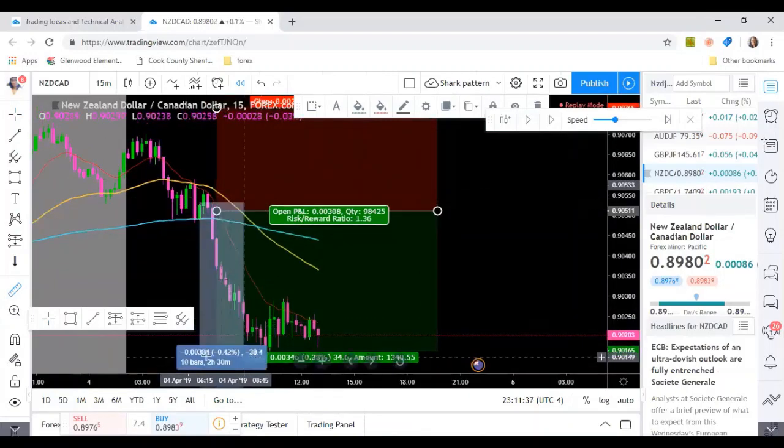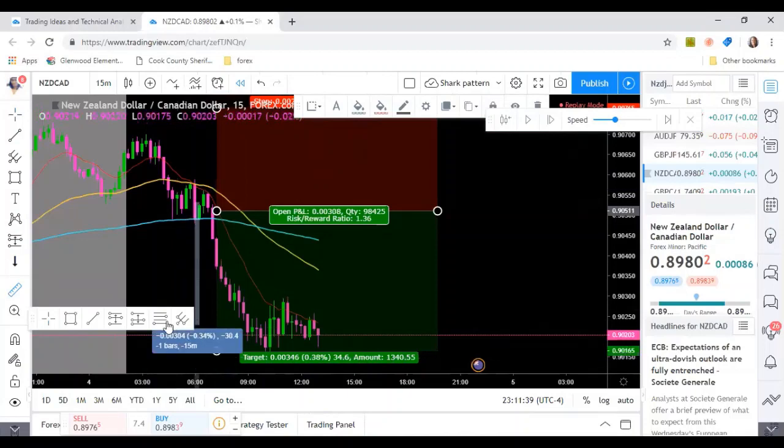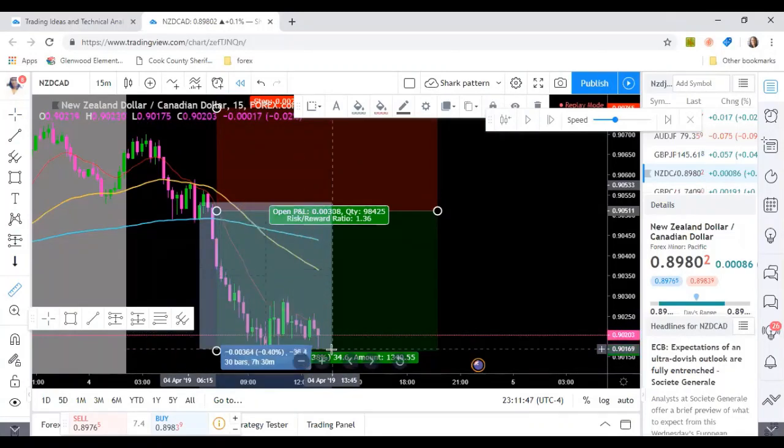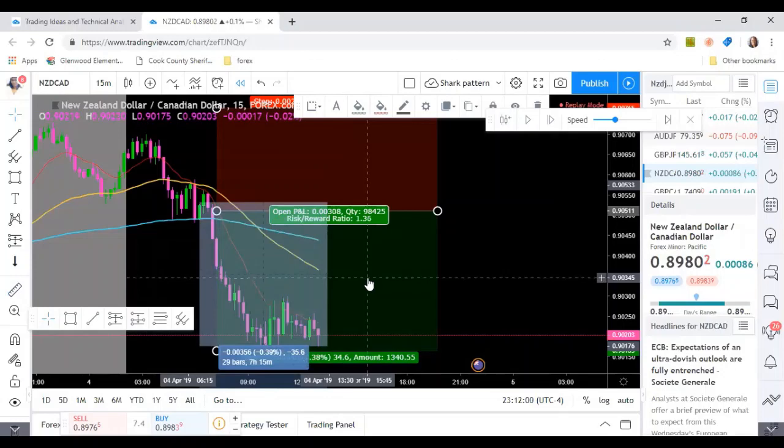And as the take profit, it actually tells you how many pips down there. You're looking at about 36 pips, yeah, I would say 35 pips. So you would have gotten about 35 pips on it.